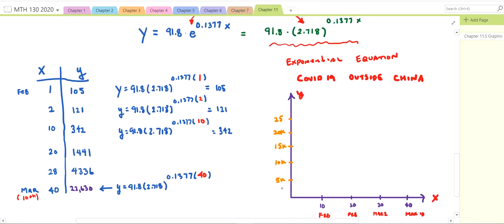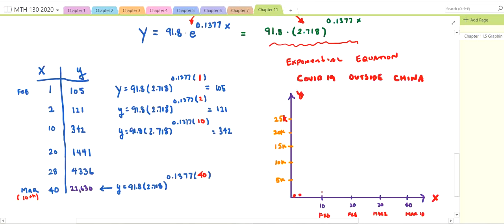So for 1, we had, okay, and then along the y-axis, the scale is much different. I have this broken into 5K spaces, so 5K, 10K, 15K, 20K, 25K. And so at 1 here, we had 105, that's pretty low. That's down here. At 2, the same deal. Down here.